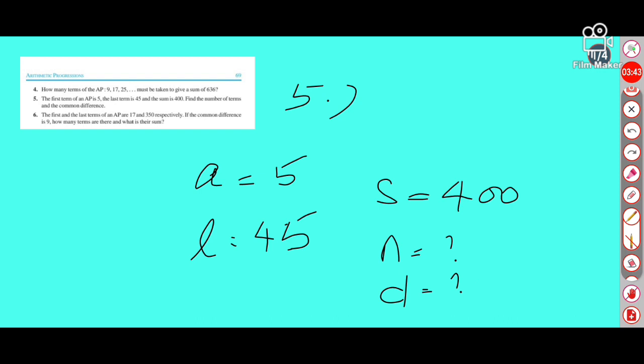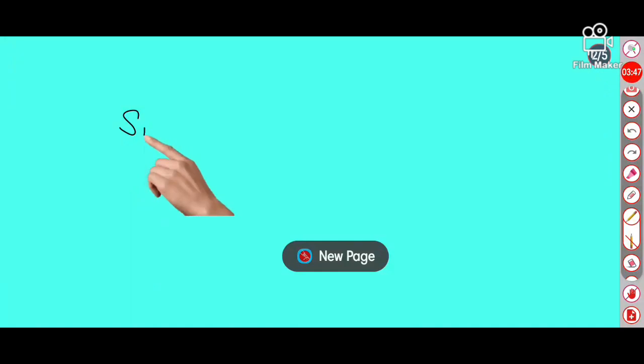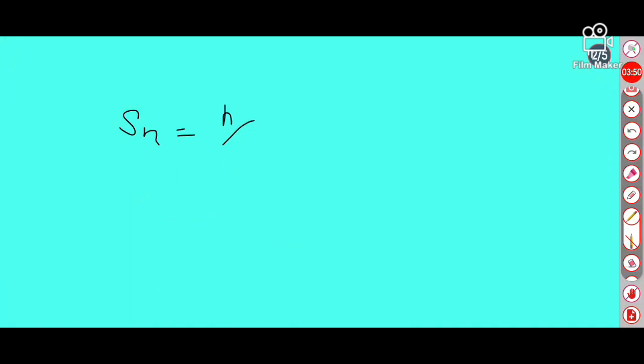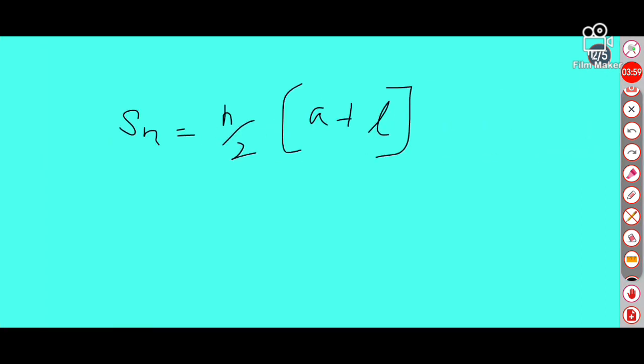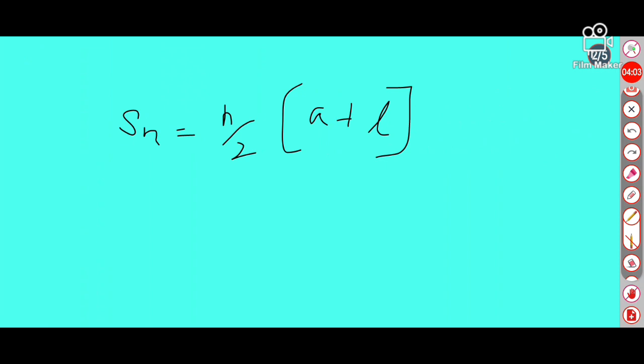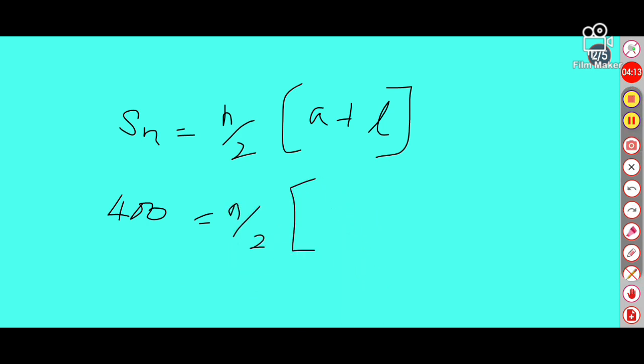Now with the formula of sum, that is S of n is nothing but n by 2 into A plus L. With respect to the given values, we can consolidate the formula. So we know the value of S, we know the value of A and L. We need to find the value of n with this formula. So 400 is equal to n by 2 into 5 plus 45.